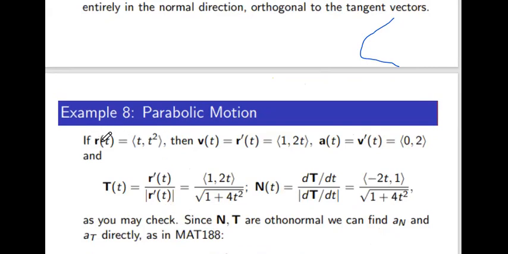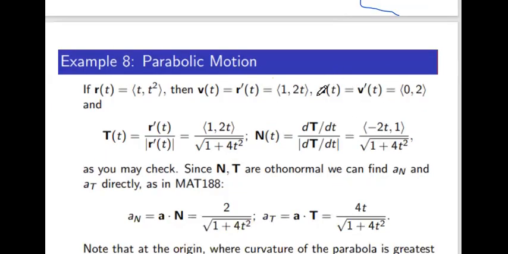So you can find the velocity by differentiating this, as well as the acceleration, by differentiating twice. And you can find the unit tangent as well as the unit normal.